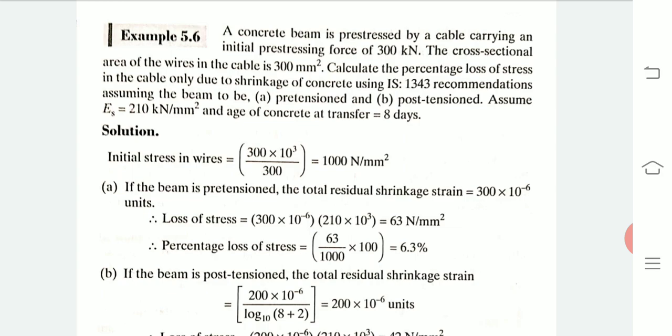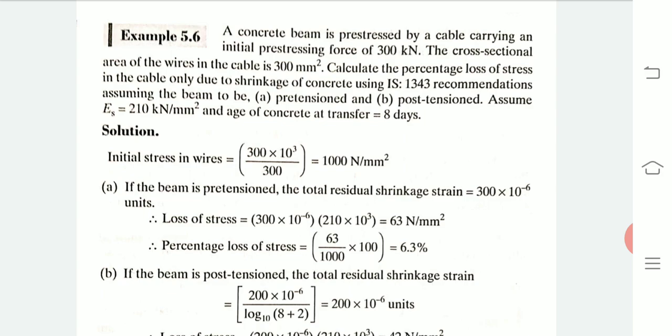Here it is taken in terms of 10 raised to minus 6 as it goes easy for calculation. Therefore, now this value we can take directly as per the codal recommendations. No need to worry about this 300 value. Therefore, the loss of stress is 300 into 10 raised to minus 6 multiplied by the elasticity of steel, which is 210 into 10 raised to 3, which comes out to be 63 Newton per mm square.